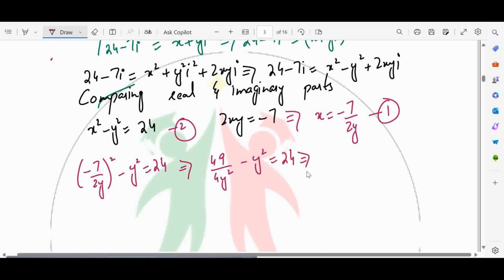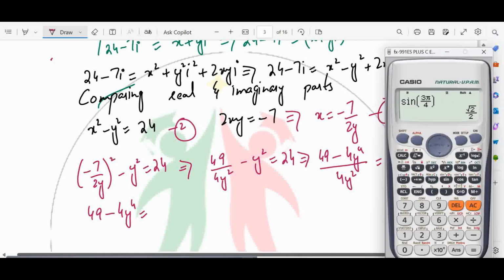Then this will be 49 minus 4y to the power 4, whole divided by 4y square, is equal to 24. So 49 minus 4y^4 is equal to 24 into 4, which is 96 y square.